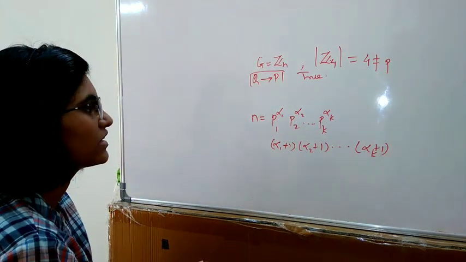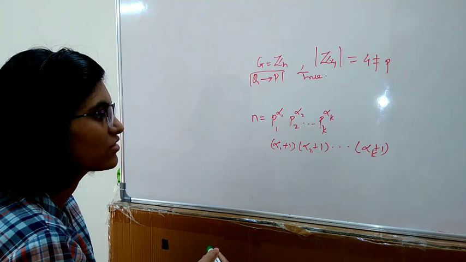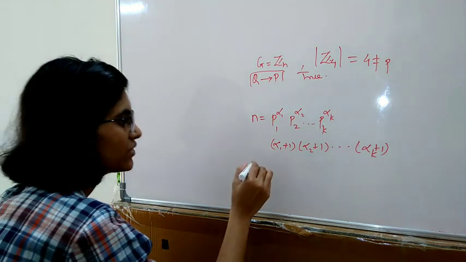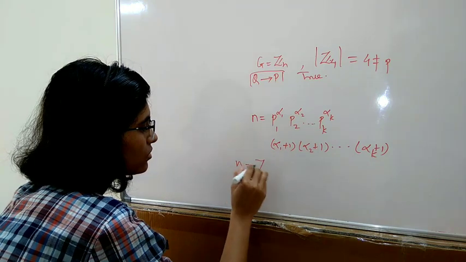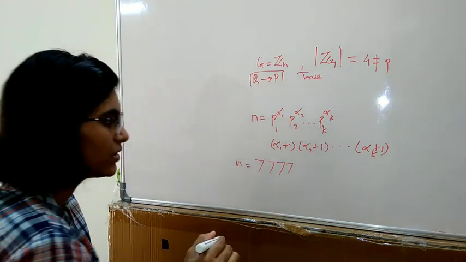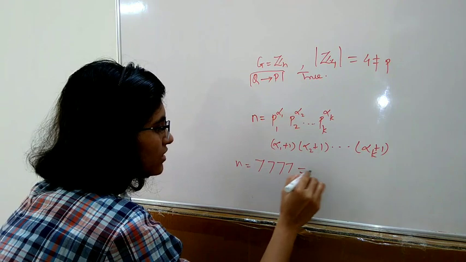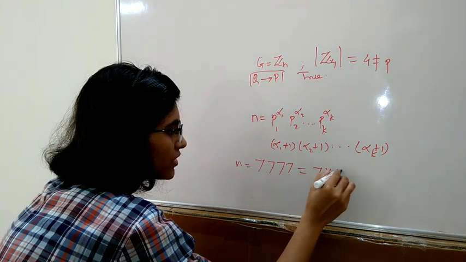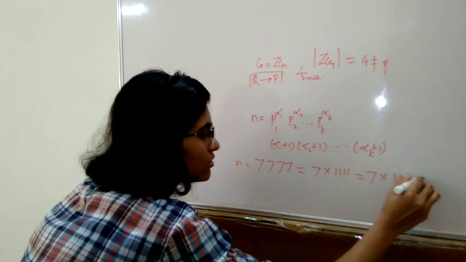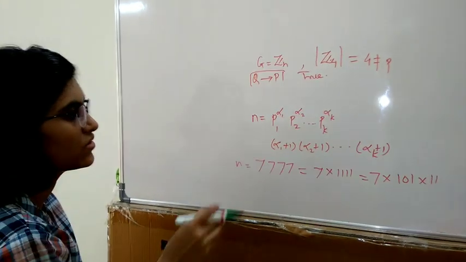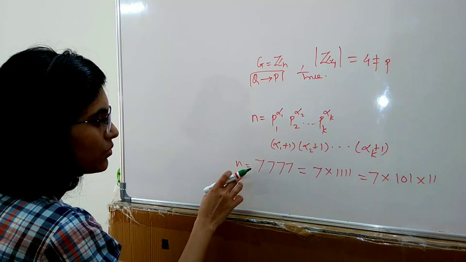So here let us first write the prime factorization for the number 7777. We have n equal to 7 times 11 times 101, right? So this is the prime factorization for this number.